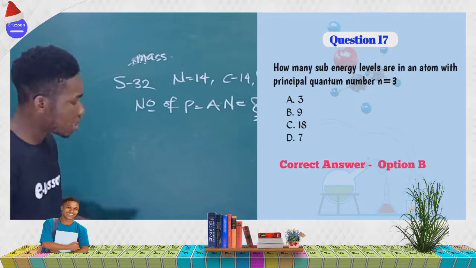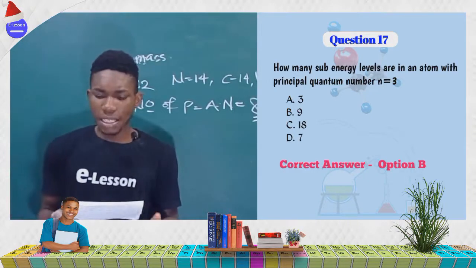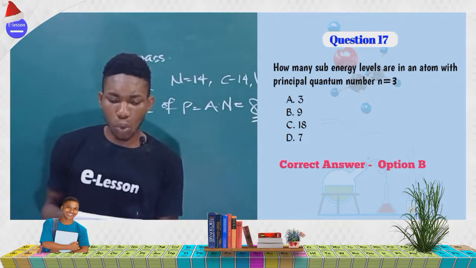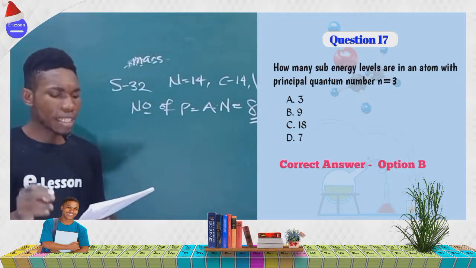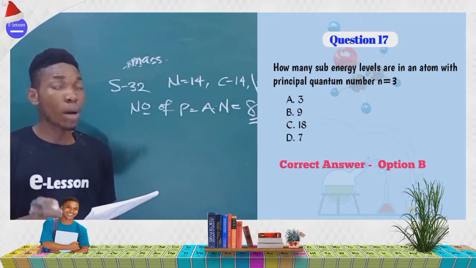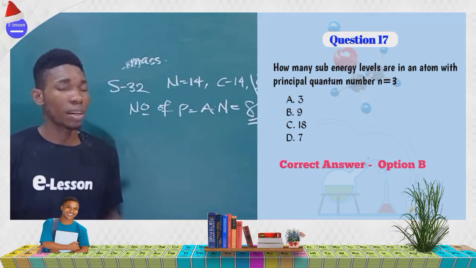The next question says, how many sub-energy levels are in an atom with principal quantum number n equals 3?